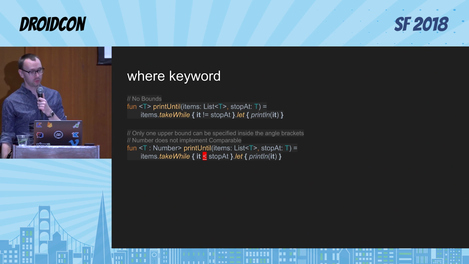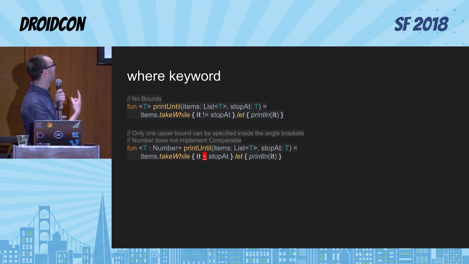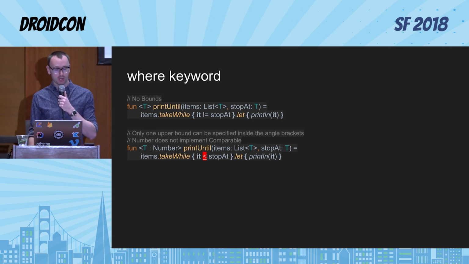If you then realize that you actually want to print the 3, let's say, and you also realize that this thing's only ever going to take numbers, the obvious thing would be to add a bound to the generic type to say this is a Number, and I want to take while it is less than or equal to stopAt to try and get 1, 2, 3.